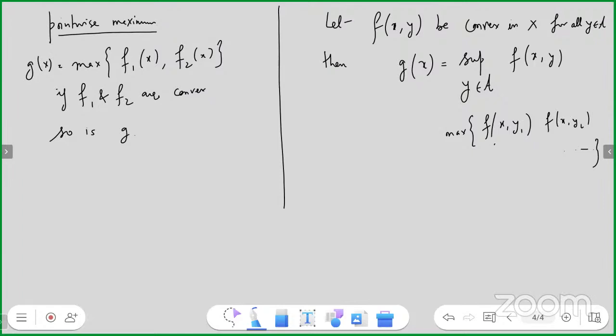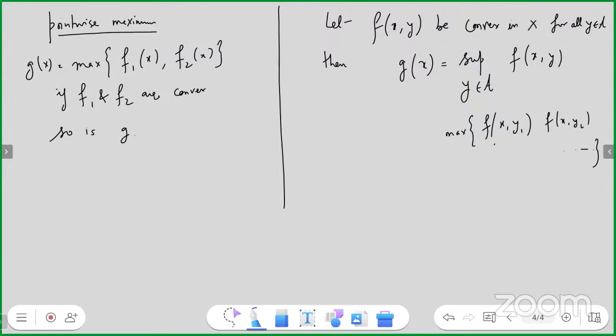So just a slight variation to what we've written there. As long as you're taking the supremum over the coordinate over which the function is not convex, you're still fine. That's what I was telling you. X itself could be a vector. All I'm asking for is that for a fixed y, the function should be convex over x. This need not be two-dimensional.